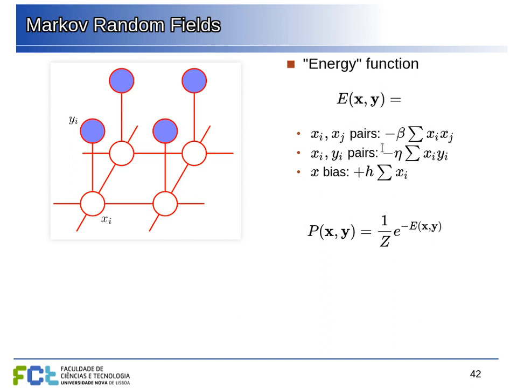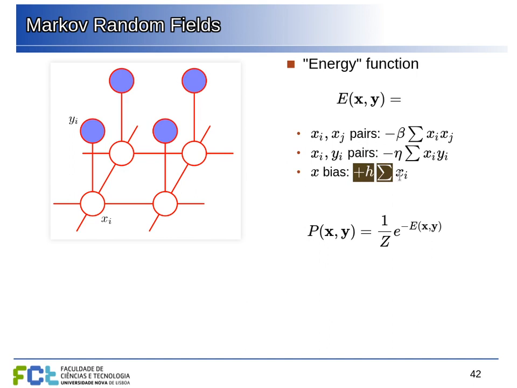We also do the same thing for the relation between the hidden values and the observed values. That is, the values we observe in the noisy image and the value we assume the true image should have. So we have a different parameter here, but it's also a negative sign.